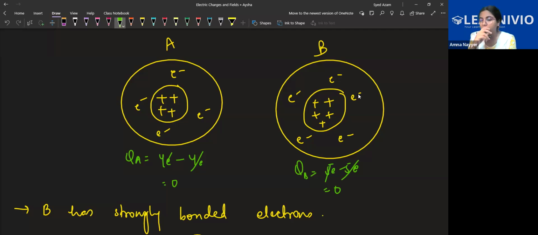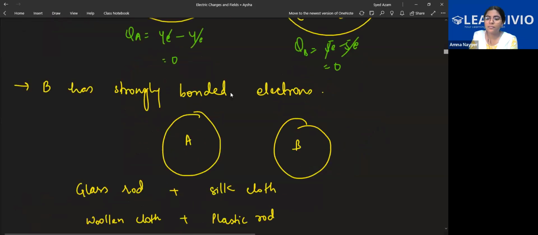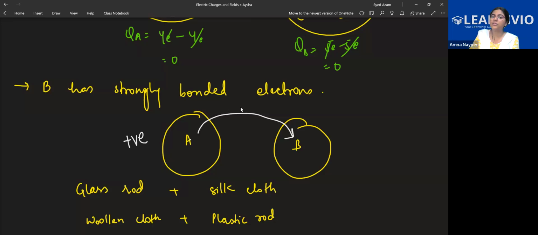So definitely electrons will be going from body A. Now what will be the charge signs on A and B? If electrons are moving from A to B, A will be positive, because it is allowing the electrons to move and has a lesser number of electrons, and B will become negative.